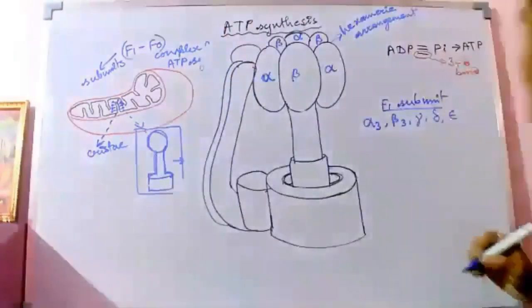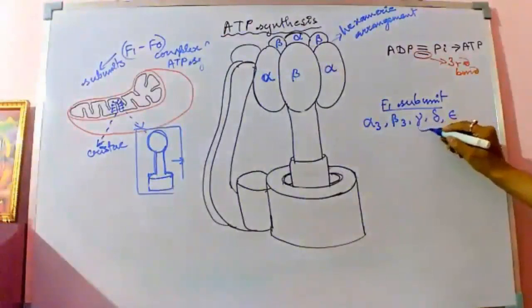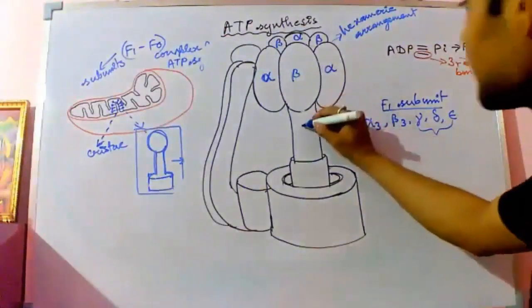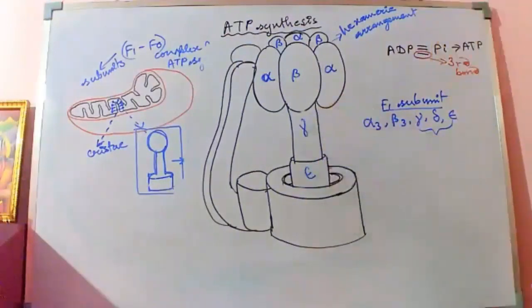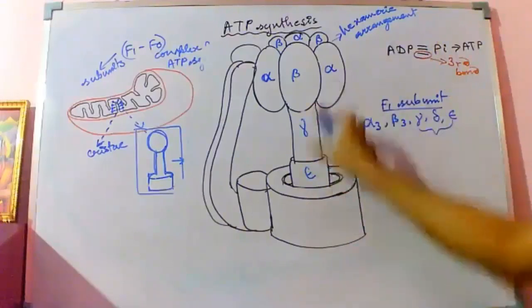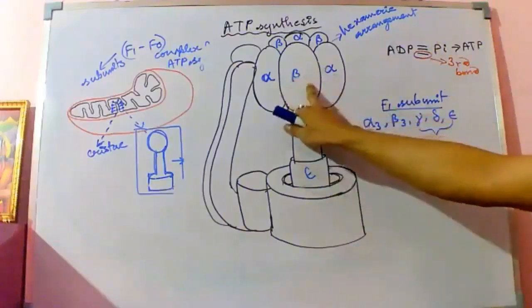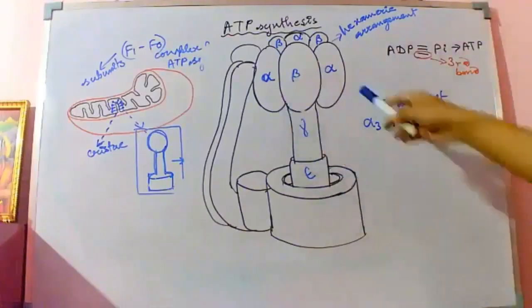And now, this gamma and this epsilon, these two form a stalk. Here it is the gamma and here it is the epsilon. This is the stalk of the hexameric head of the F1 subunit. Up to here, the entire thing is called the F1 subunit.